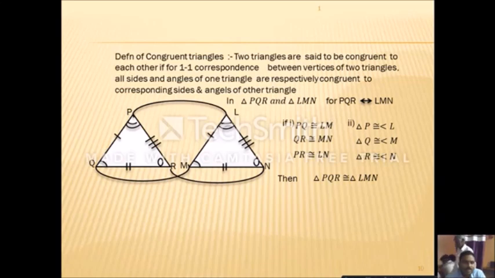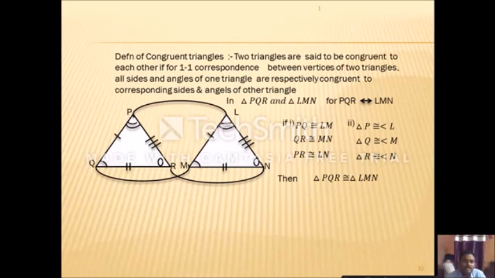Now, when we define congruent triangles, we should know the 1-1 correspondence between the vertices of two triangles. We can take 6 types of 1-1 correspondence between the vertices of two triangles. Out of them, if we take one correspondence, then we can define congruent triangles as follows.